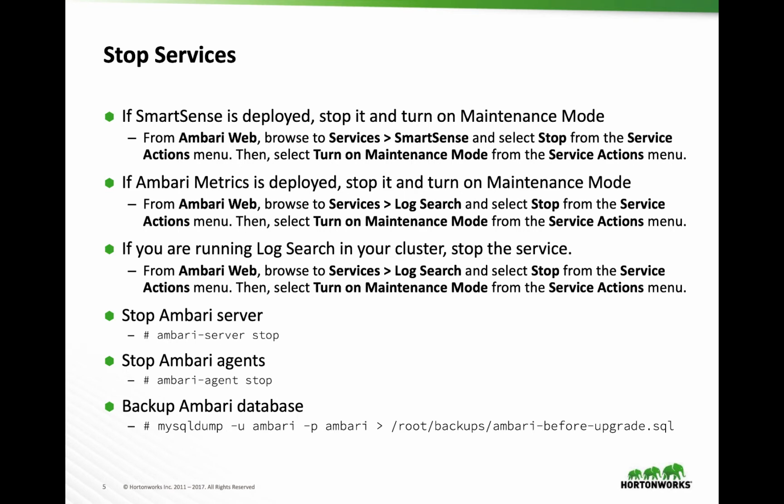Again, as a precaution, we will now take the backup of the current Ambari database, that is the database of Ambari 2.6.2. If our upgrade happens to go wrong somewhere, we can just restore the backup.